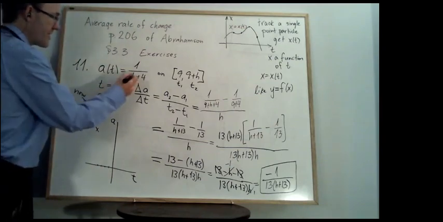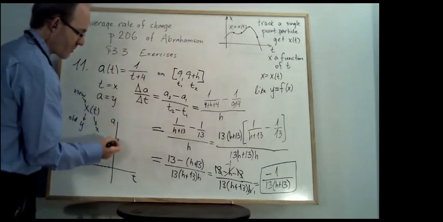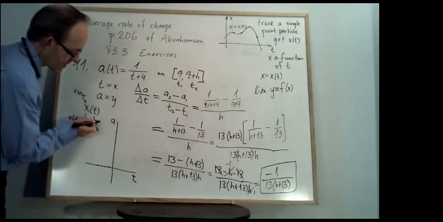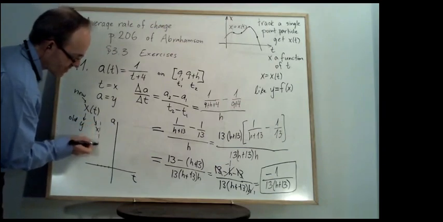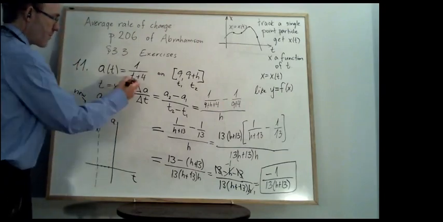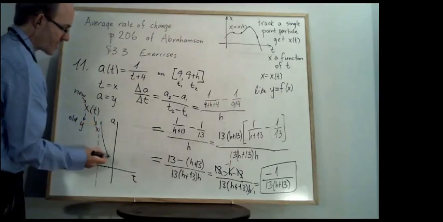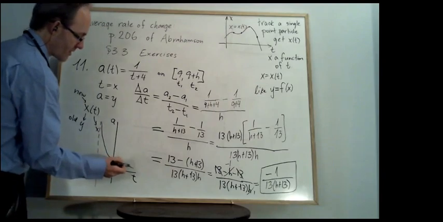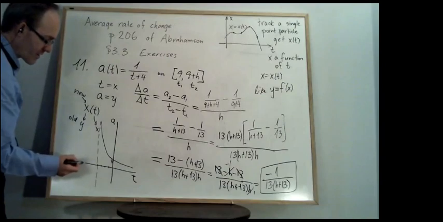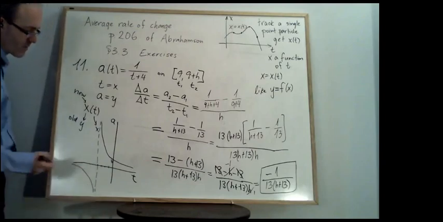Okay, so what this means is that I start with 1 over t, that function that's the hyperbola, which lies totally in the first quadrant, and I shift that to the left. So this vertical line is my new asymptote. When I add 4, I shift to the left. So I'll have something like that. At t equals 0, I'll have 4. We'll go through 4 here. And on the other side, everything's still all shifted over, so I'll get the other branch of the hyperbola.